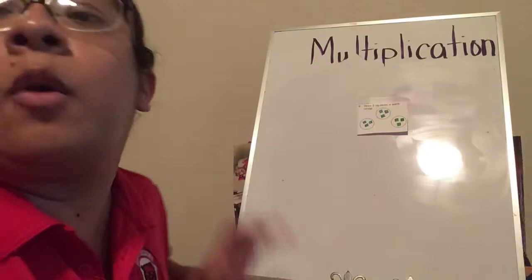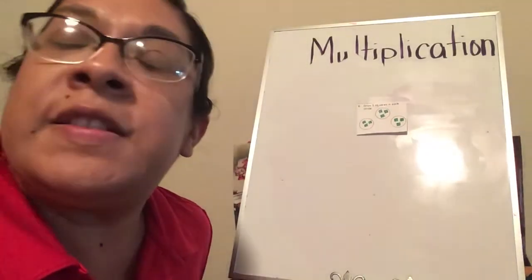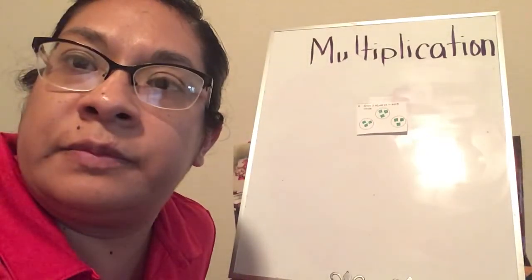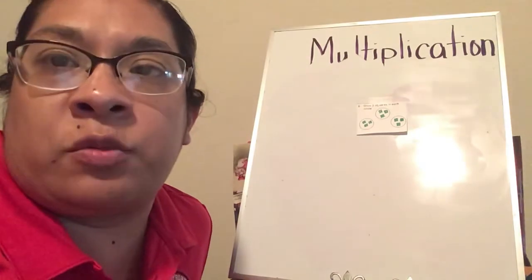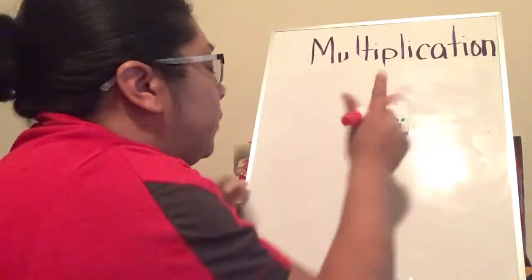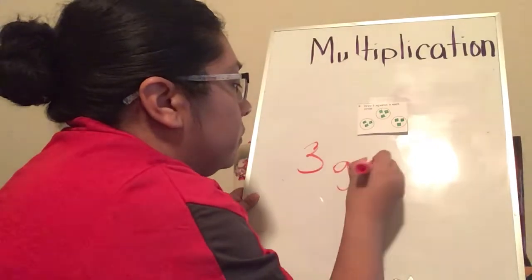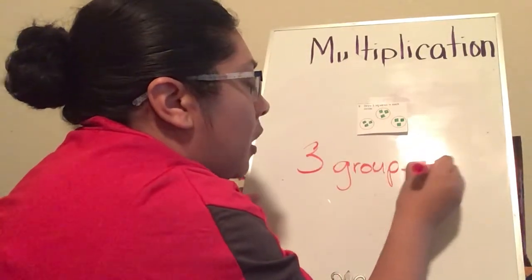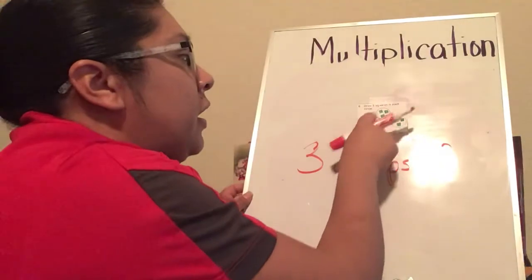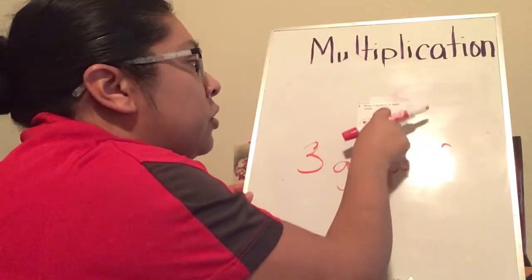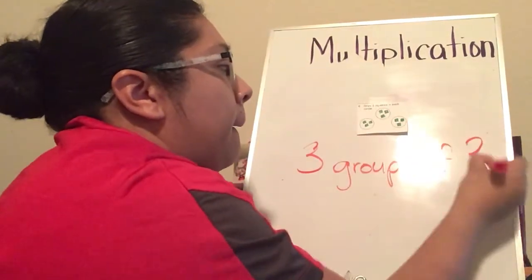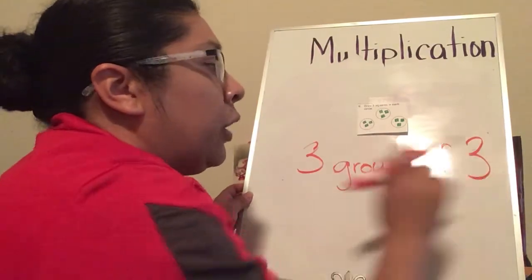Okay, what would the multiplication statement be? Yes, that's right. 3 groups of, now what's in each? 3 in each group. 3 groups of 3.